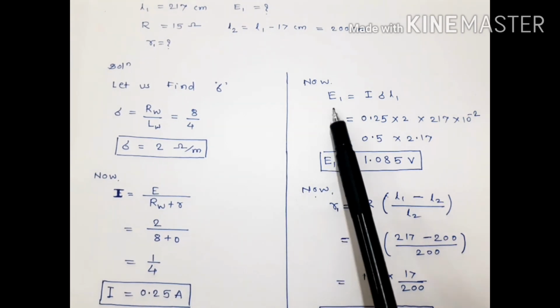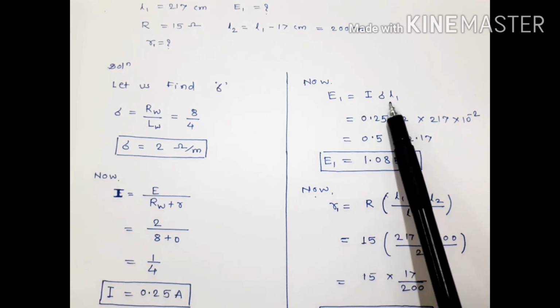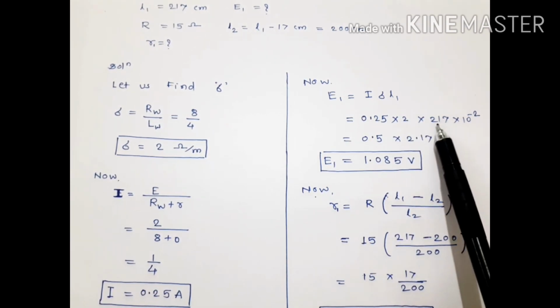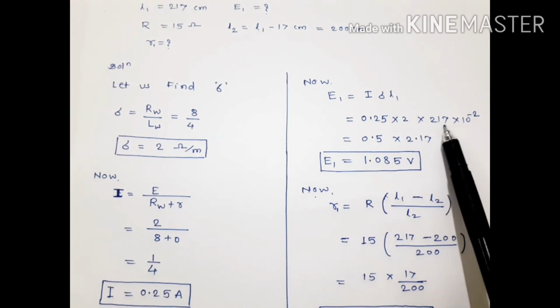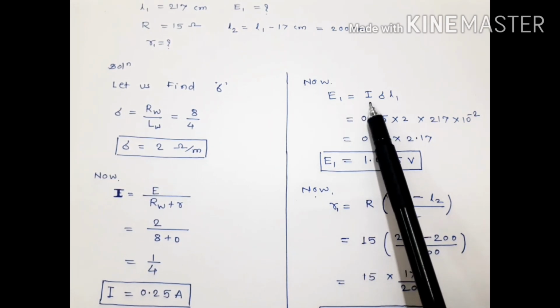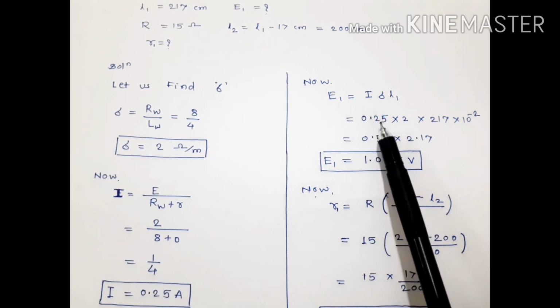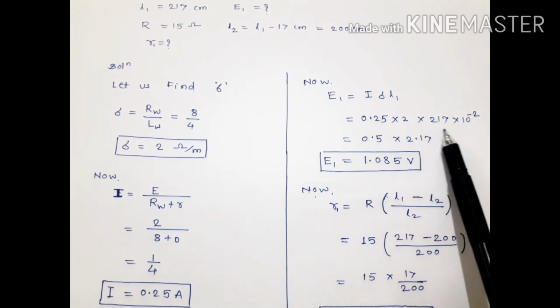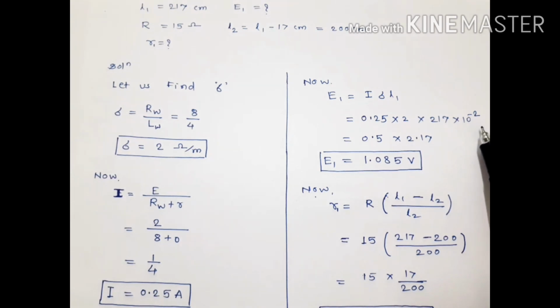Now our aim is to calculate the EMF of the cell for which the balancing length is given, and it is equal to 217 centimeter. Here L1 is equal to 217 centimeter. Whenever we put the values of the physical quantities current, resistance per unit length and L1, all those physical quantities must be in SI system.